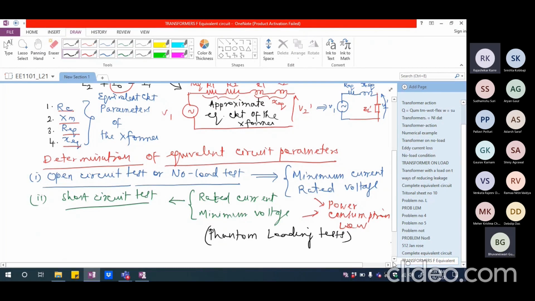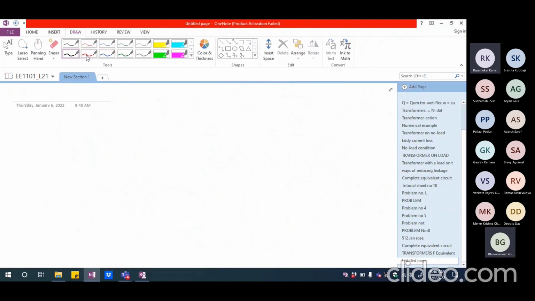Okay. So this is the crux of determining the parameters of the transformer. So let us look at the open circuit test first and then eventually go over to the short circuit test. So let me first of all take up the open circuit test of a transformer.